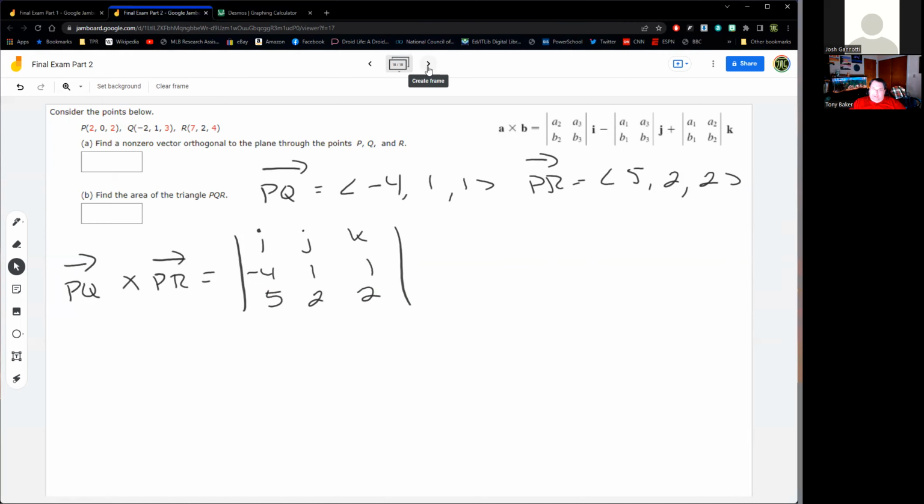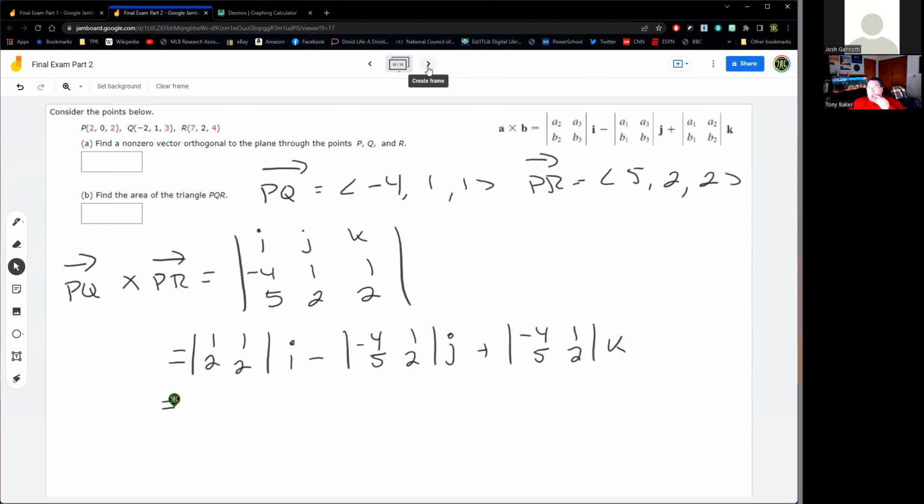So I've got the determinant of 1, 1, 2, 2, I, and then minus the determinant of -4, 5, 1, 2, J, plus the determinant of -4, 5, 1, 2, K.